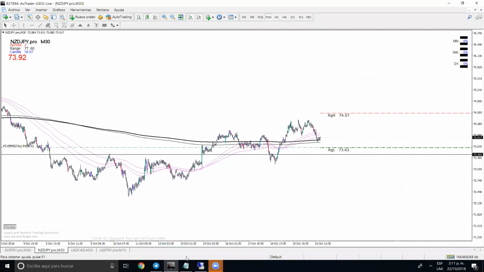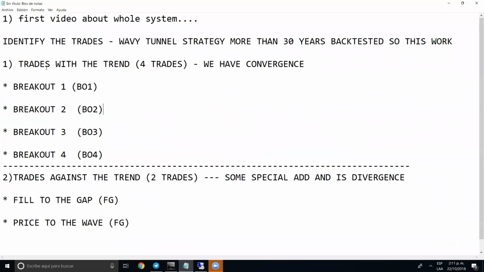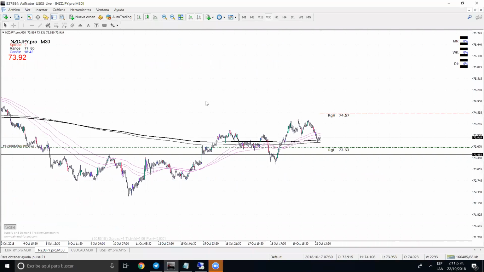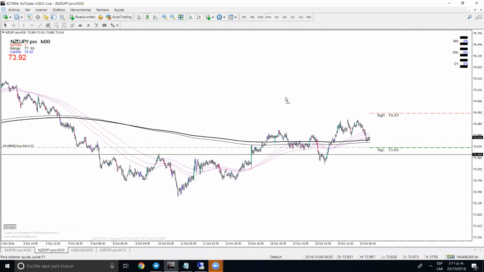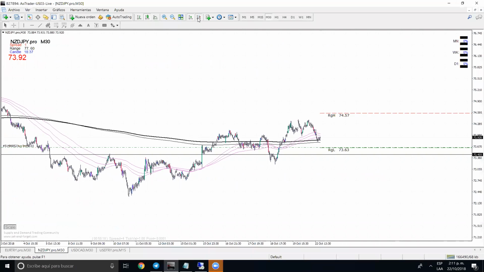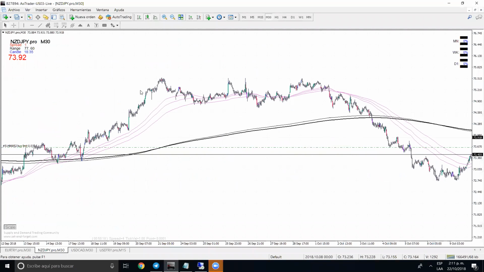The first thing we're going to do is identify the trades with the trend. And we have breakout 1, breakout 2, breakout 3, and breakout 4 trades. In the breakout 1 trades, I will explain. Let me search for an example of a breakout 1 trade to identify.